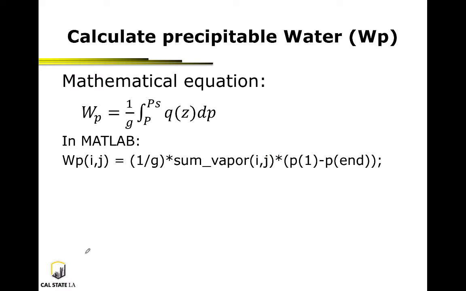So in order to calculate the precipitable water using this particular data set, we're going to follow this equation here, which is saying that the summation, right? So this is 1 over G, and we're going to look at the summation of Q at all these Z's, multiplied by PS minus P. So that's what this integral represents here.